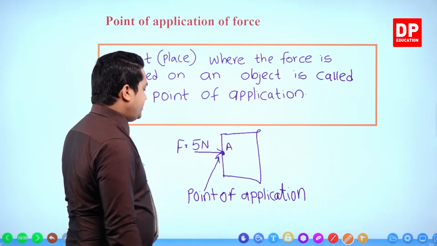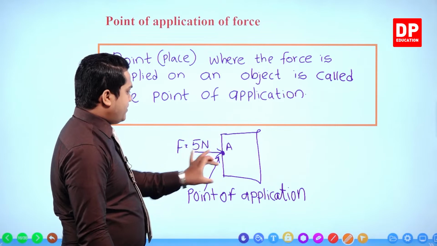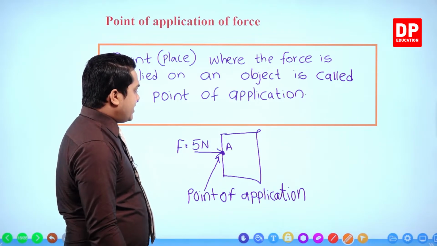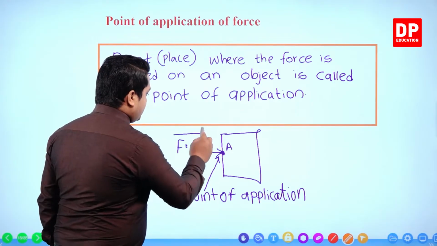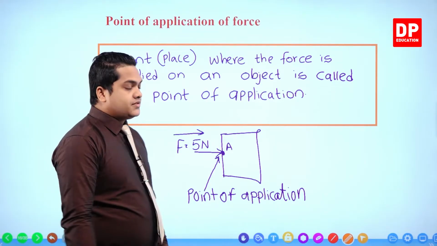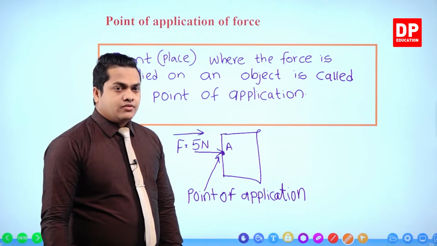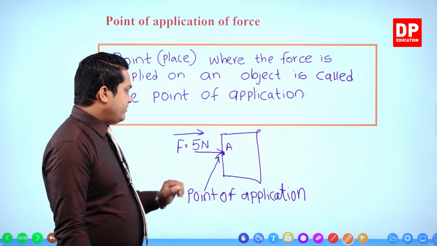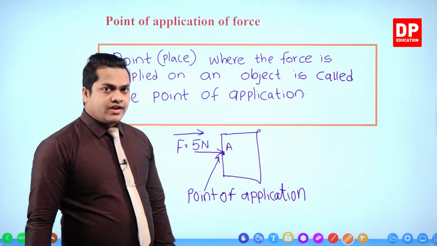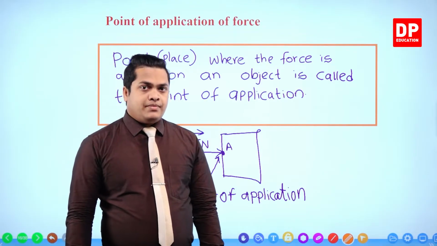This is the point of application, the A point. The magnitude of the force applied is 5 Newton. The direction is like this, right? All three factors are there now. Point of application A, direction that way, 5 Newton magnitude, right?